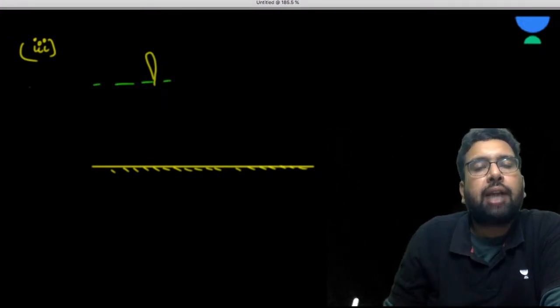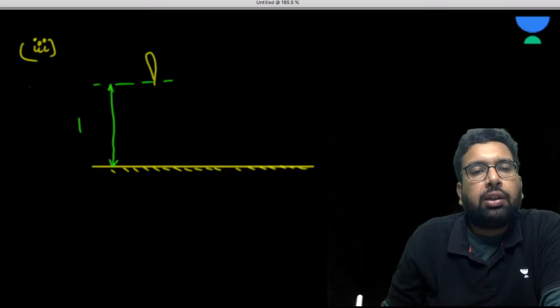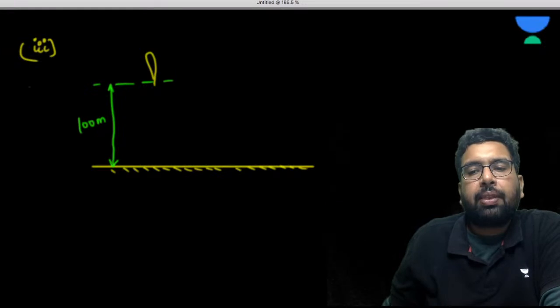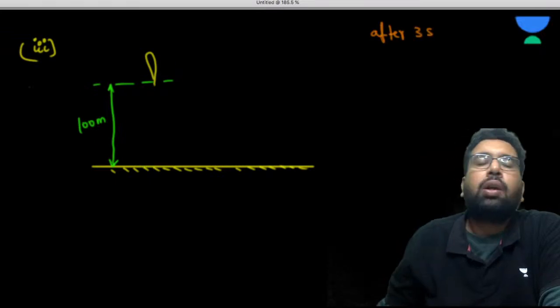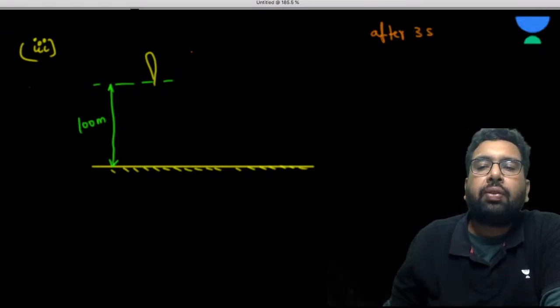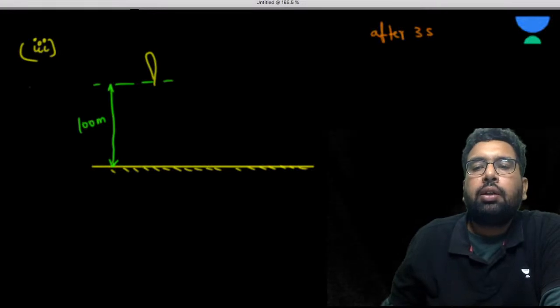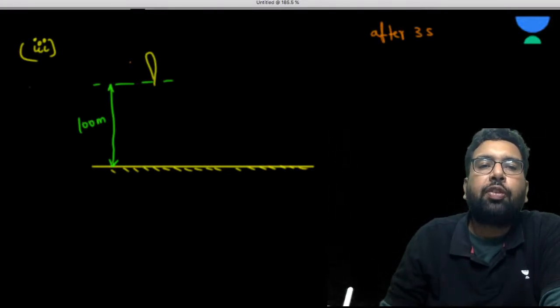Let's suppose this is 100, right? This is the point in time where the stone is dropped. Now after 3 seconds, what is going to be the scenario? The balloon is moving upward.